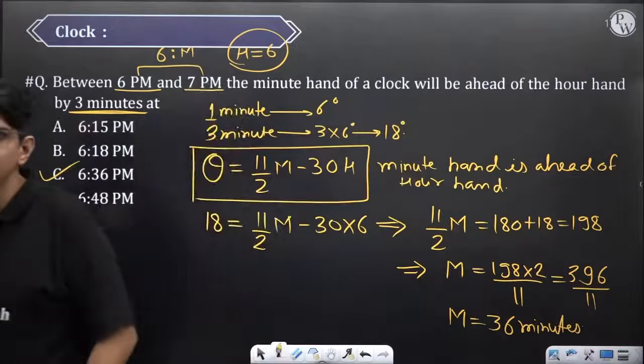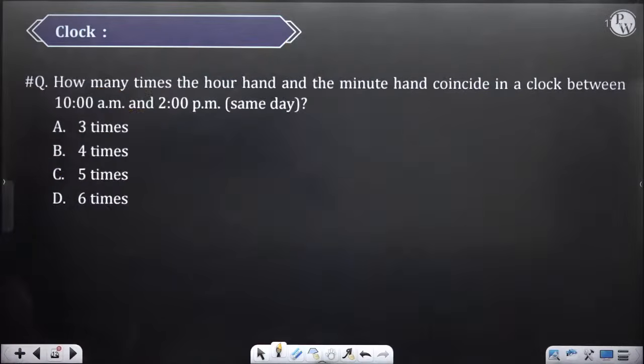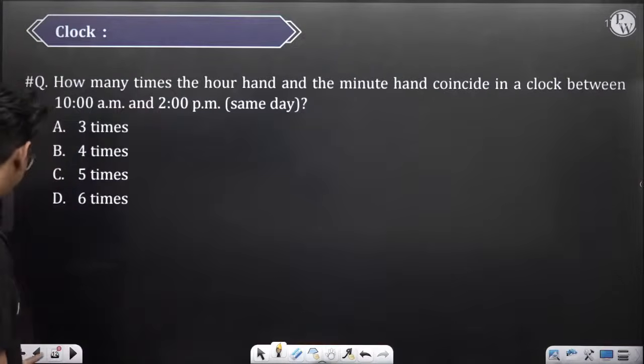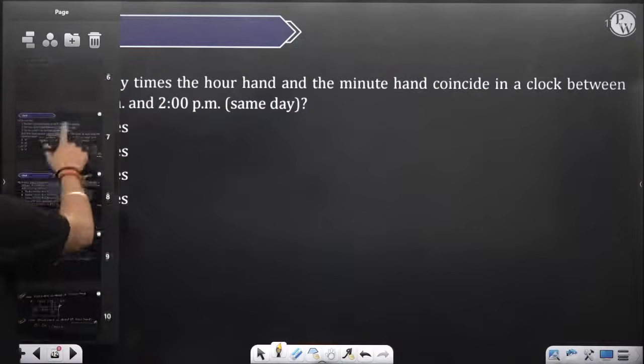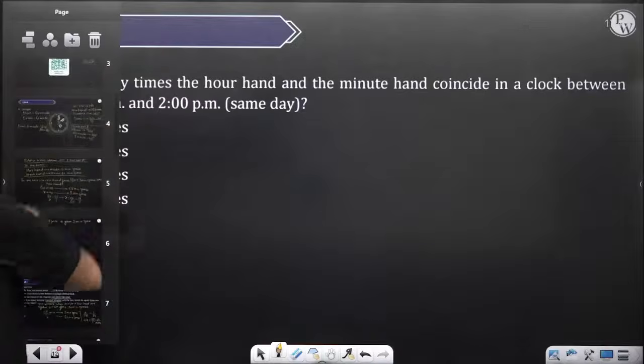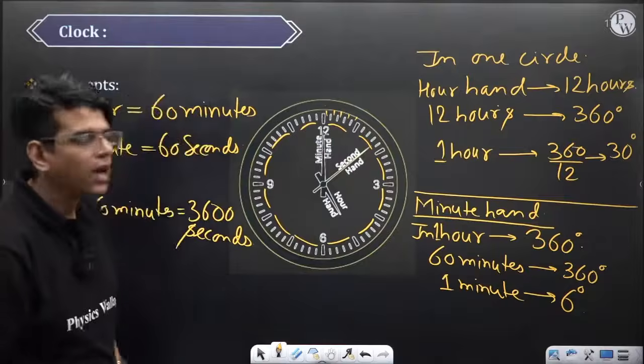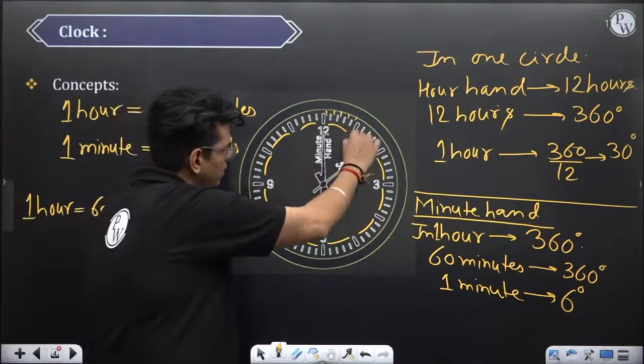Let's look at one more question. How many times do the hour hand and the minute hand coincide in the clock between 10 and 2? So you know, see, suppose we are at 12 noon. Okay, now the minute hand will start.